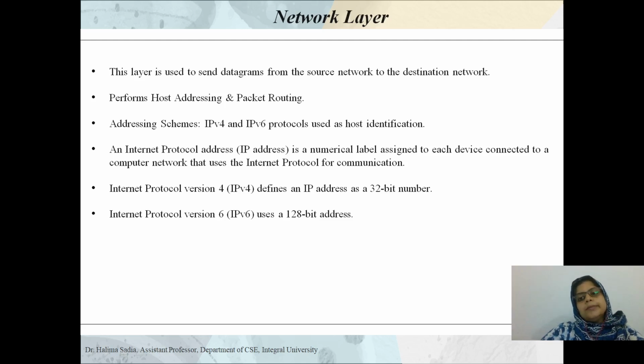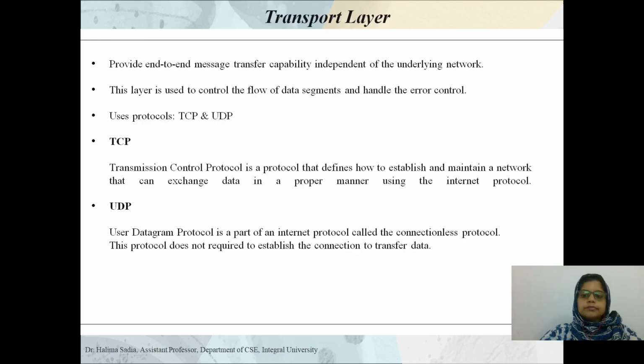It is basically responsible for bringing the IP protocol to low power devices. So this is the network layer, which is responsible for source to destination addressing and routing of the datagrams and packets with the help of the IPv4 and IPv6 protocols.